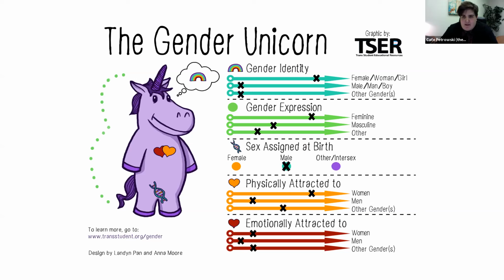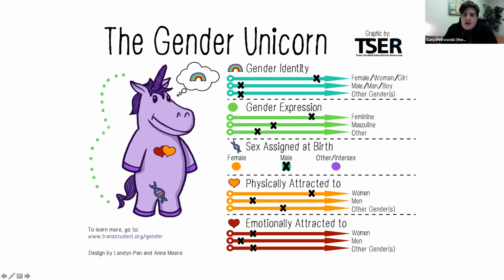So it might be, is somebody's gender female, woman, or girl? So for this person, their identity is very much on the high spectrum end of identifying as female or a woman, and then lower in terms of man or other genders. And then you have, in the green section, gender expression.